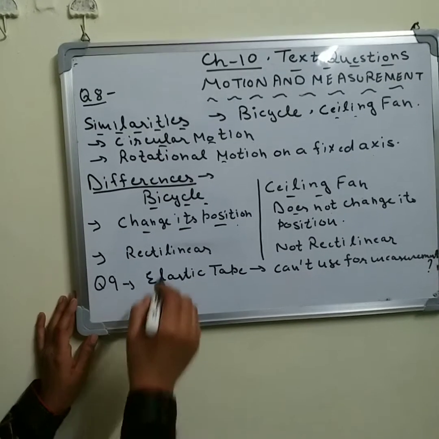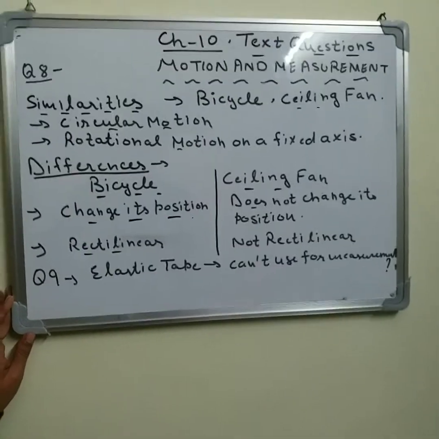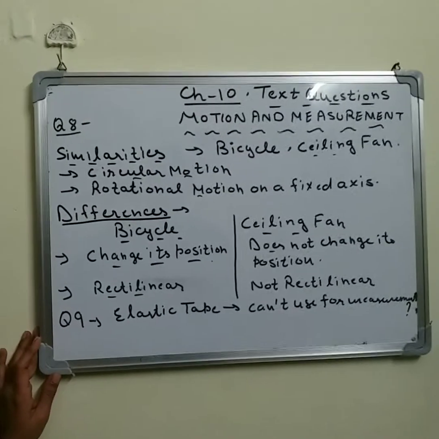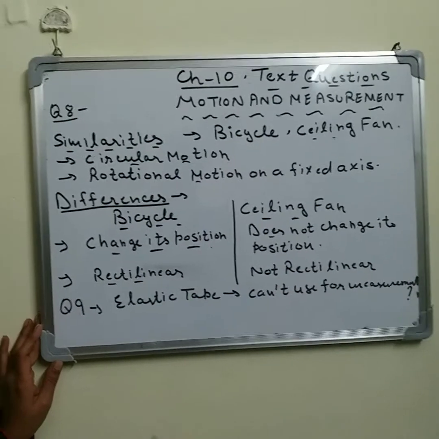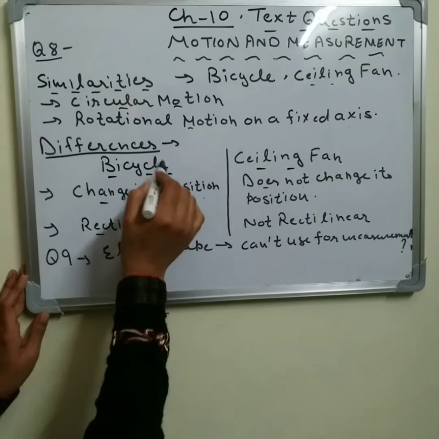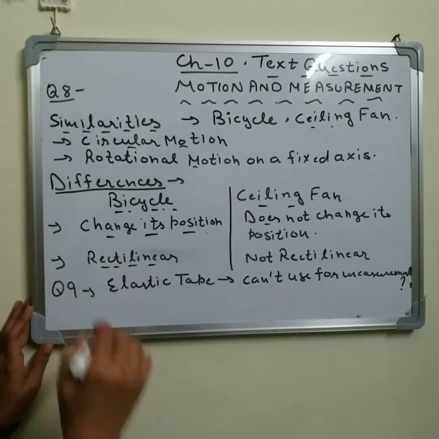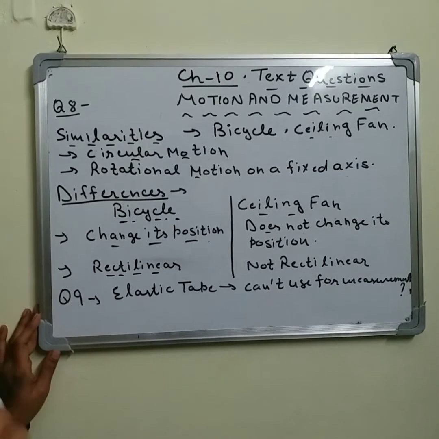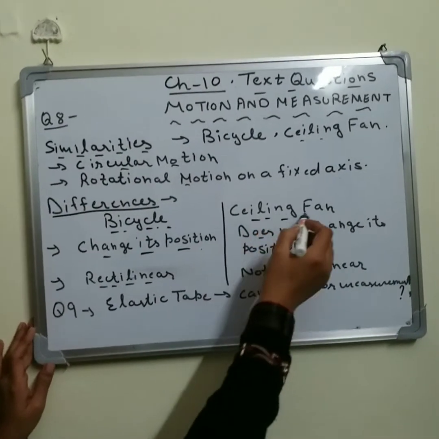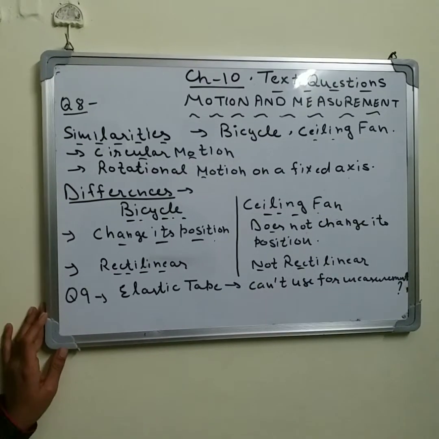Next, the wheels of a bicycle when moved show circular motion as well as rectilinear motion, because they are moving from one place to another. But in case of a ceiling fan, it does not show rectilinear motion.